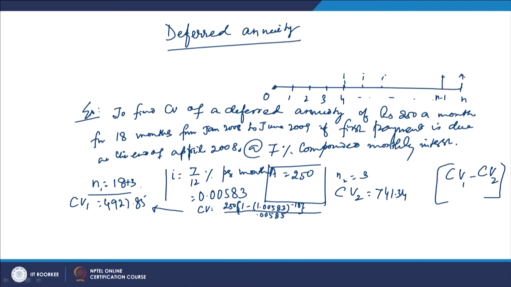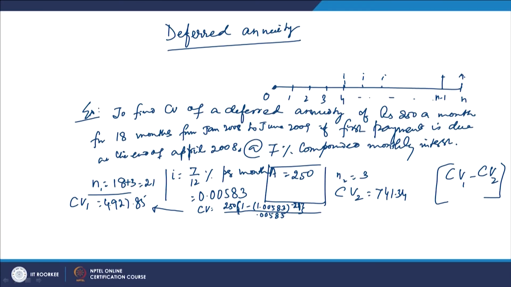There is one thing to be seen in this case: the person is depositing for 18 periods, so this n will be 18 plus 3, that is 21, because he is paying for 18 periods and his dues will be over at the end of September. So, it is ultimately 21.